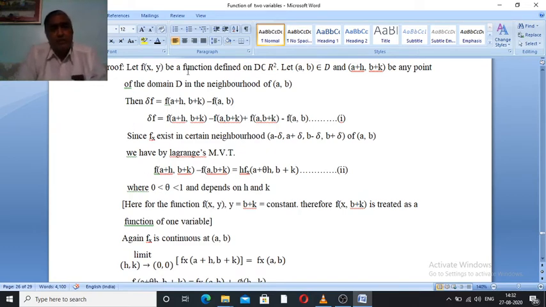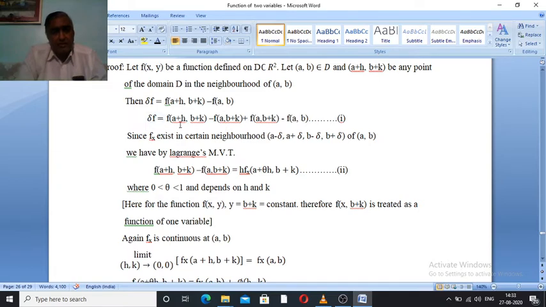Let f of x, y be a function defined on domain D containing R square, that is in xy plane. Let point a, b belongs to D, a plus h, b plus k be any point of the domain D in the neighborhood of a, b. Then delta f is equal to f of a plus h, b plus k minus f of a, b.